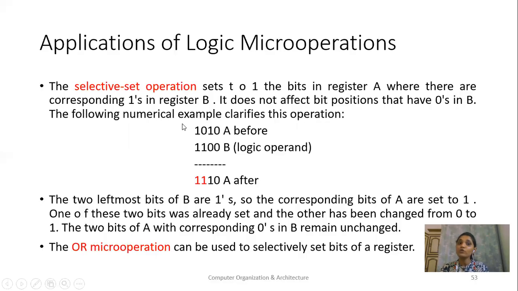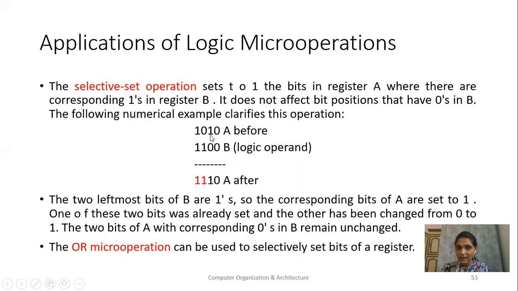So for example, if I require to selectively set some bits, you require an ORing operation. Whatever bit you want to set, you put 1 over there, and whatever bit you want to keep as it is, you put 0. Then do the ORing operation, and your result will be the setting.